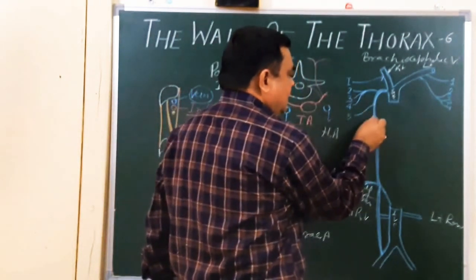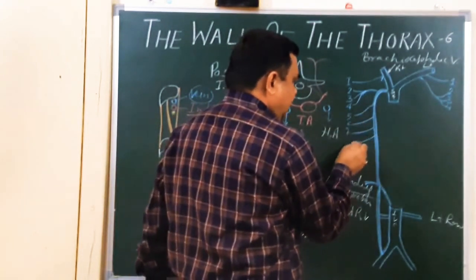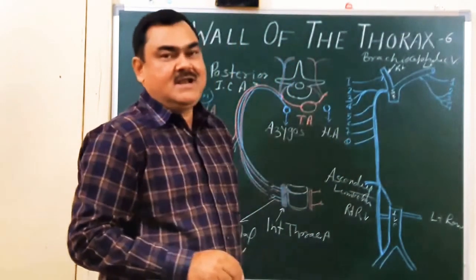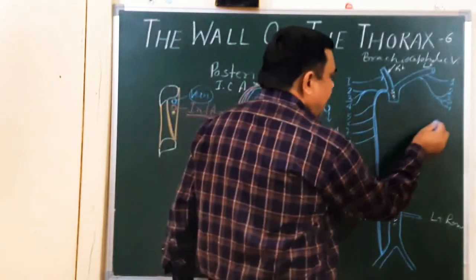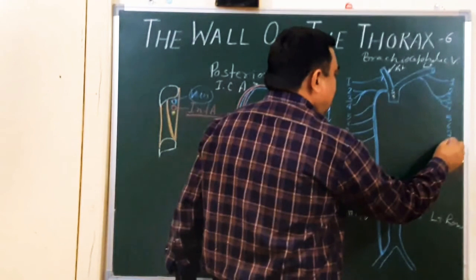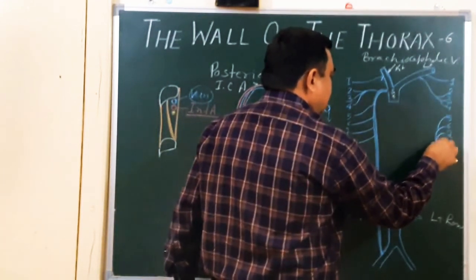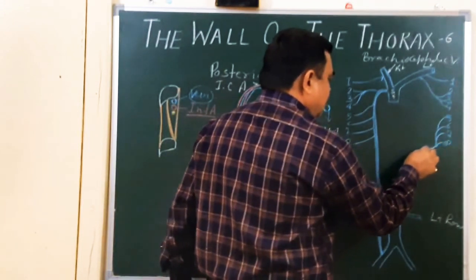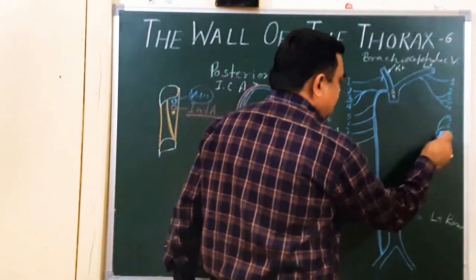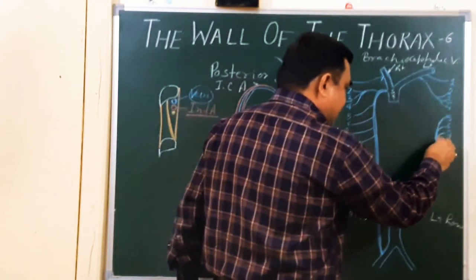Fifth, sixth, seventh, eighth posterior intercostal veins drain into azygos vein on right side. And on left side, fifth, sixth, seventh, eighth, these veins drain into accessory hemiazygos vein.